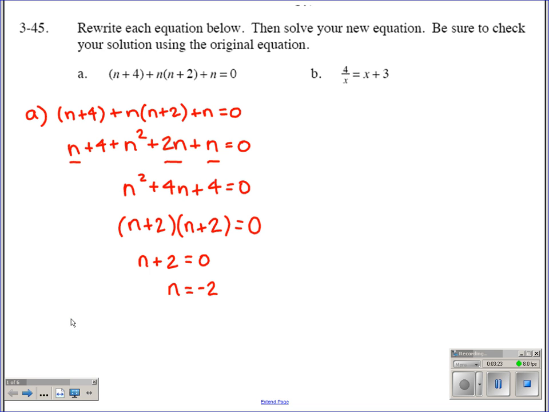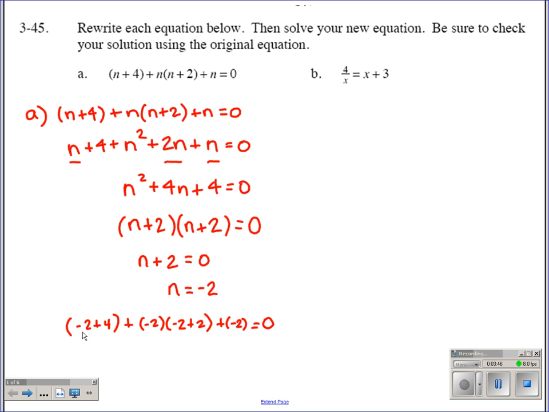We've got -2 plus 4, and then we've got plus a -2 times the quantity of -2 plus 2, then plus another -2, and that should equal 0.